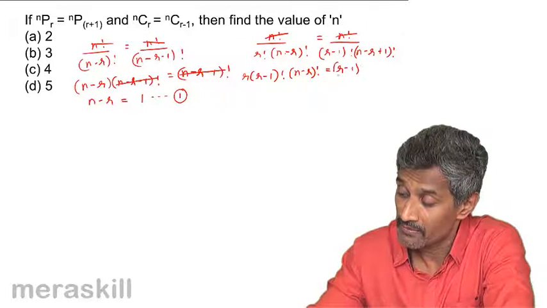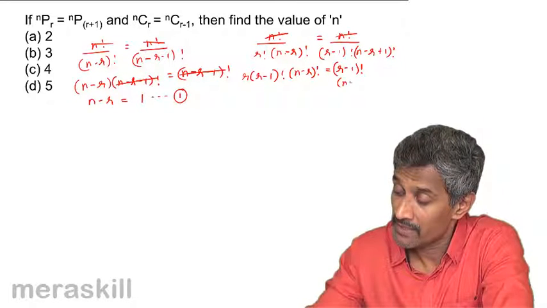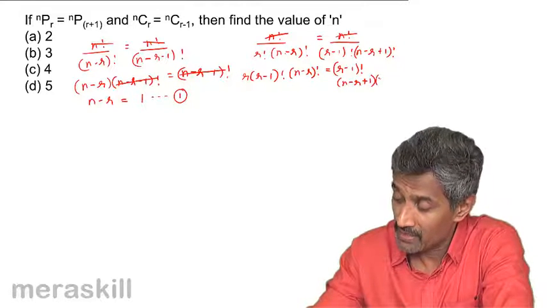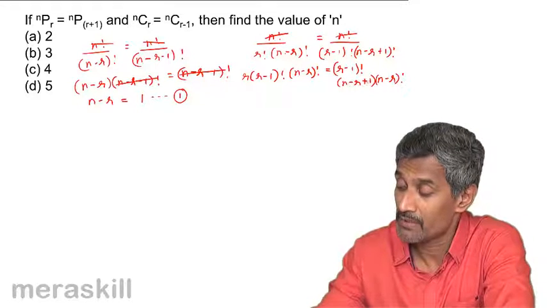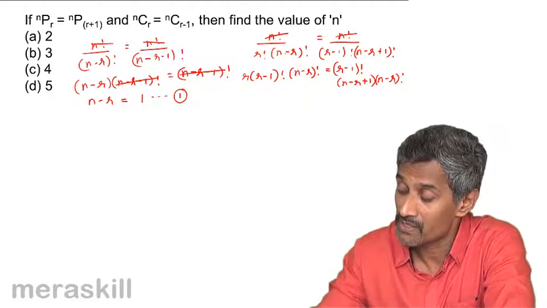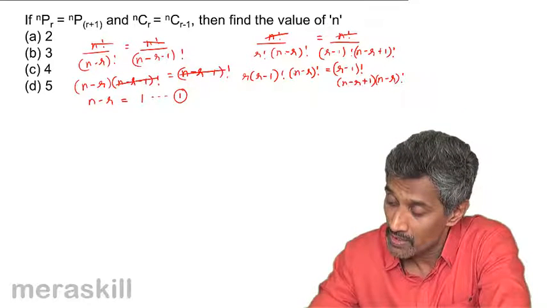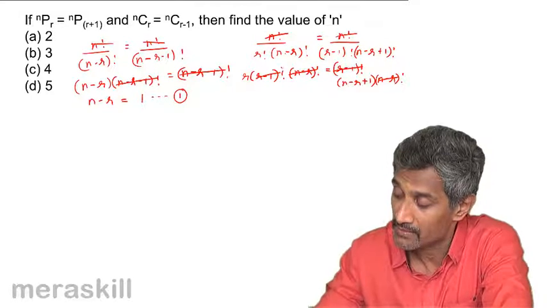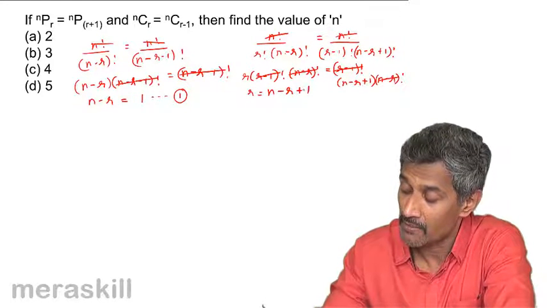This can be written as n minus r plus 1 into n minus r factorial. So n minus r gets cancelled, this and this get cancelled. So r is equal to n minus r plus 1.